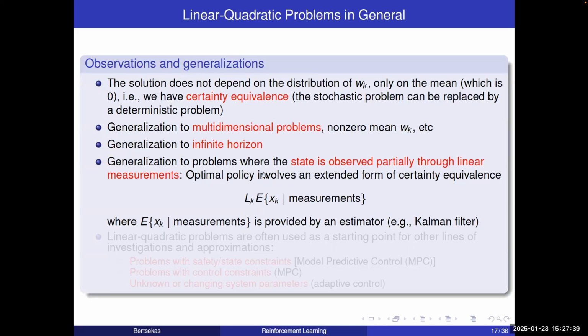So we're going to go to belief distributions. This linear quadratic solution generalizes to problems like that, where you measure the state through measurements that have a linear structure. And then the solution generalizes as follows.